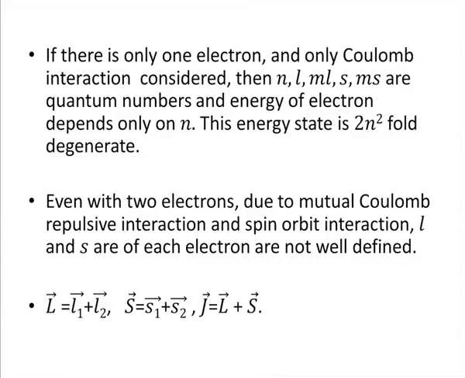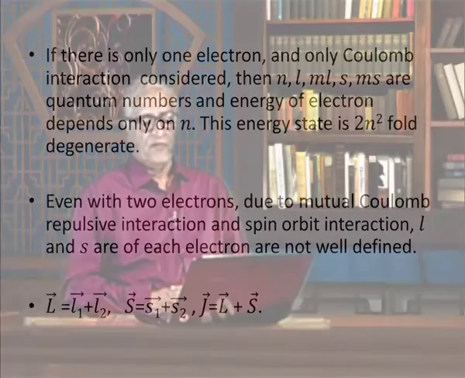Even with two electrons, due to mutual Coulomb interaction and spin orbit interaction, l and s of each electron are not well defined. What we have is capital L equal to l1 plus l2, capital S equal to s1 plus s2, capital J equal to capital L plus capital S, where J is the total angular momentum, L is the total orbital angular momentum, S is the total spin angular momentum.